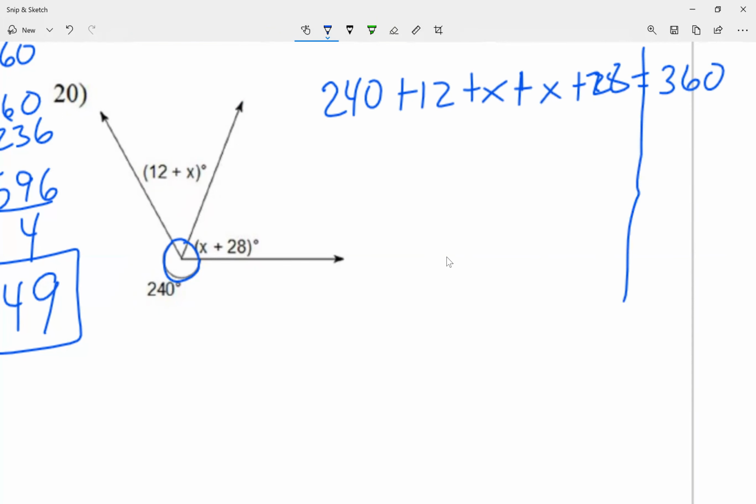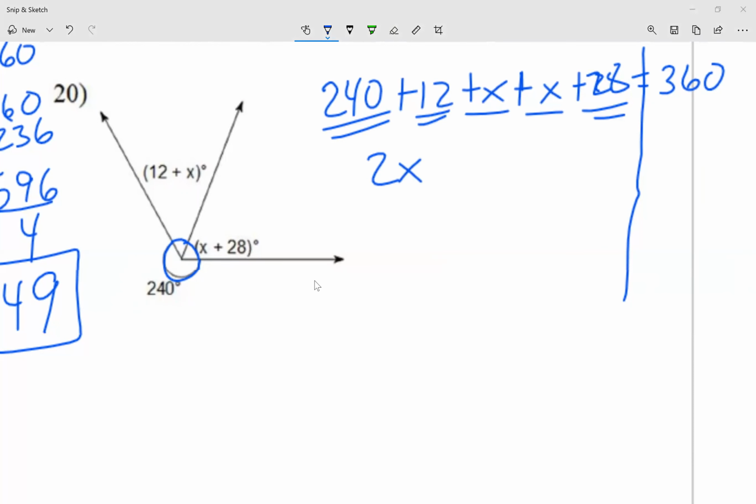On the left side, let me combine my like terms. 1x plus 1x, I'm going to call that 2x. Then 240 plus 12 plus 28. Use a calculator if you need to. So I'm just going to go 240 plus 12 plus 28.